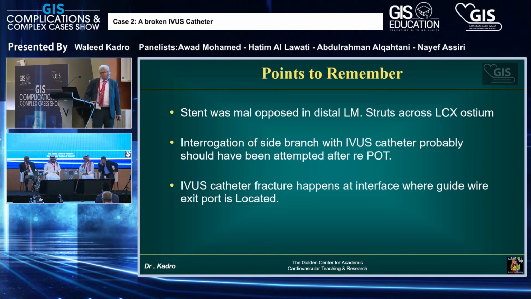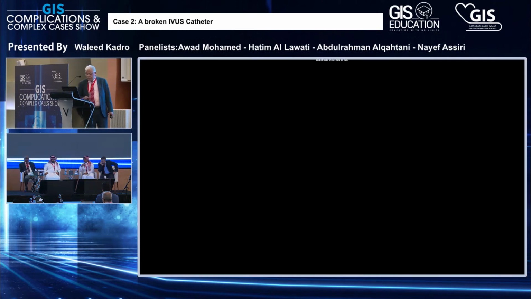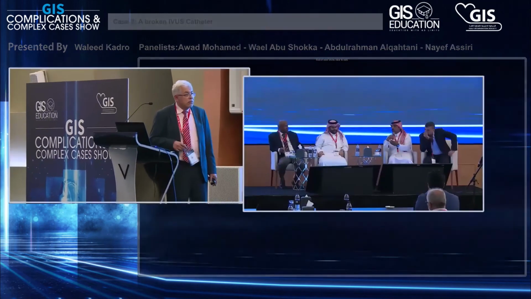I have a question with regard to your approach here. Why didn't you consider going through the struts, opening it, and doing kissing, for example, instead of trying to crush a stent in the left main, adding more layers at this area that is very important? Yeah, I told you this is plan B, but I couldn't go through the stent.